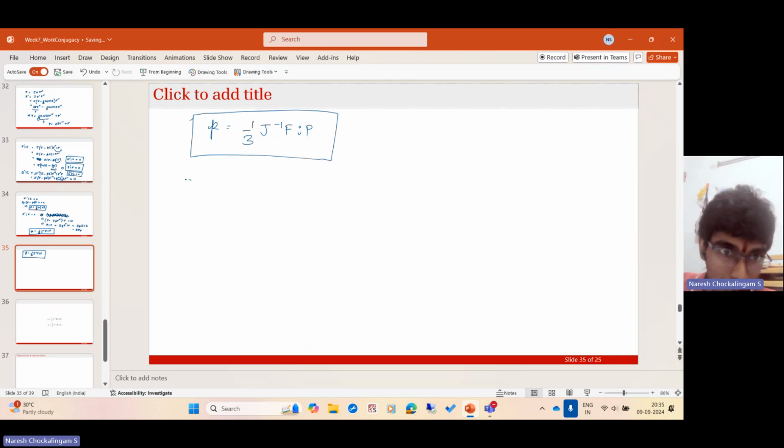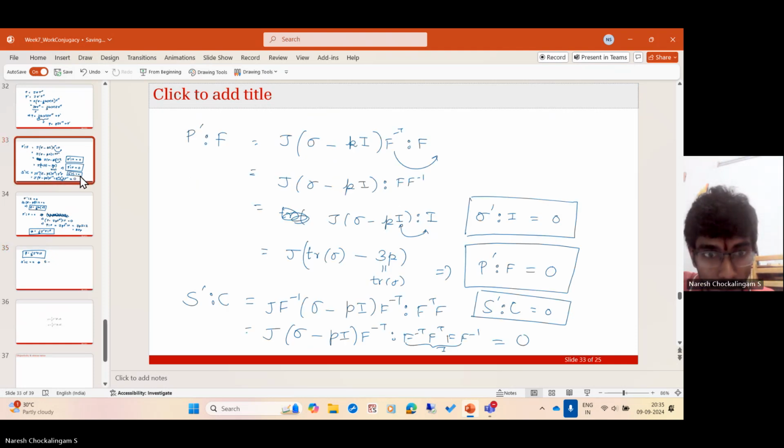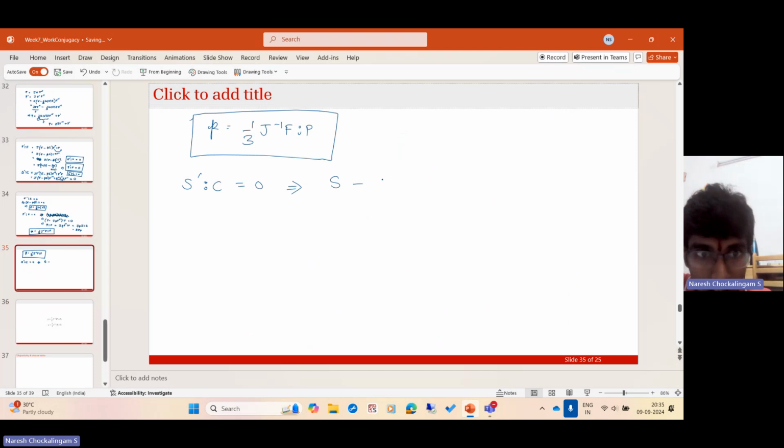Now we use the orthogonality between S bar and C. This is equal to 0, which means S minus the pullback of the Piola transform of pressure.